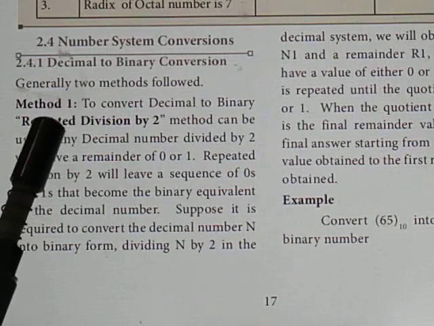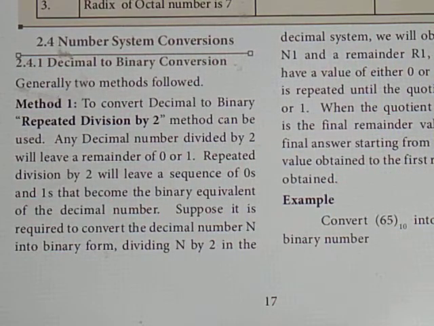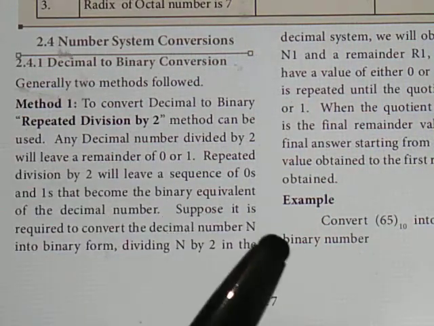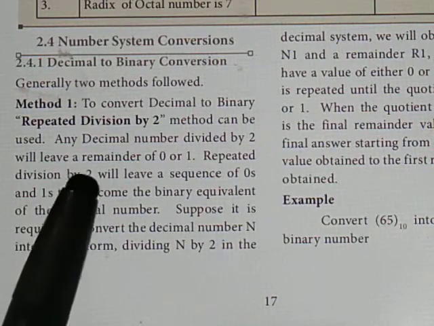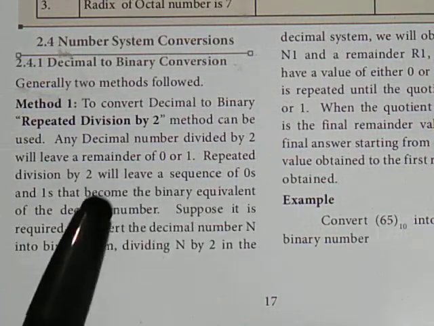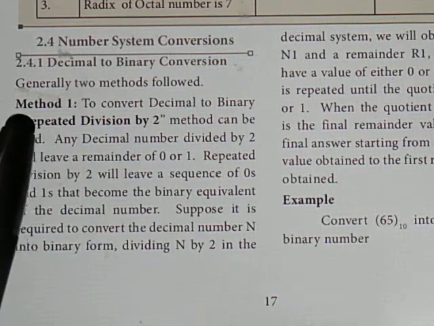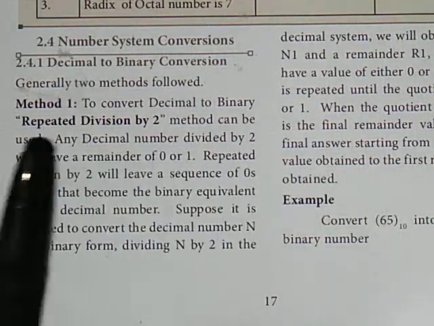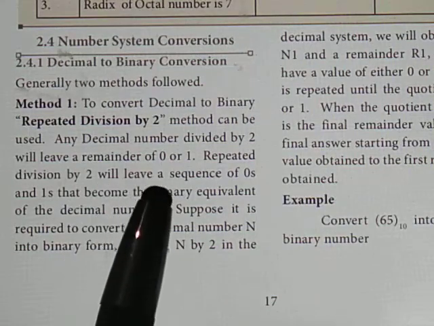Generally we have two methods for converting decimal to binary. Method 1 is repeated division by 2. Any decimal number divided by 2 will leave a remainder of 0 or 1.